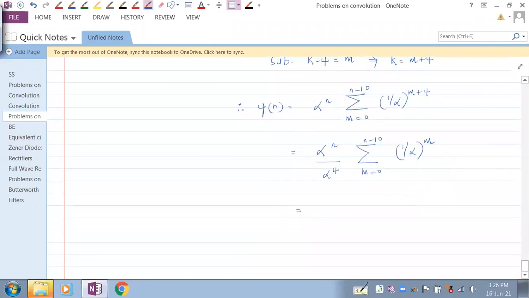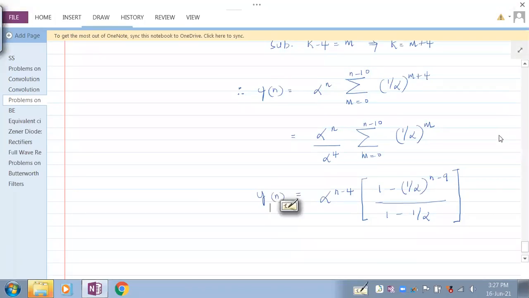So outside the summation, what you have would become alpha to the power n minus 4. And this is 1 minus 1 by alpha to the power n minus 9, because it is n minus 10 plus 1, it would become n minus 9, divided by 1 minus 1 by alpha. So this is what is your y of n.